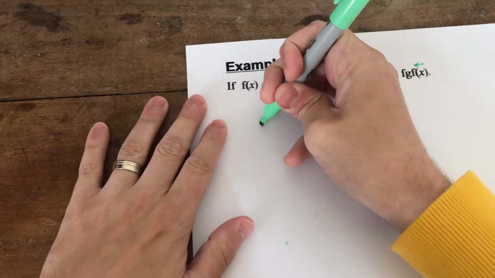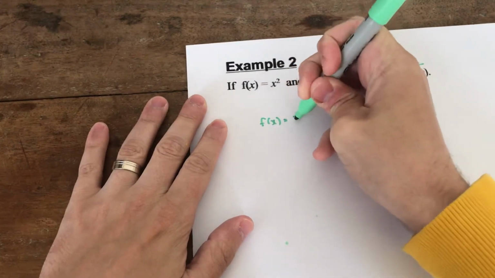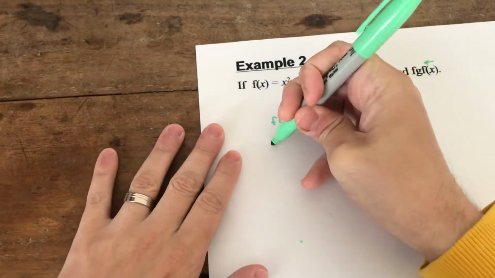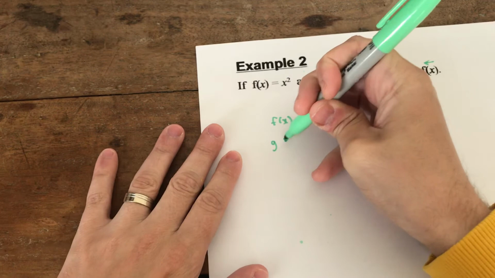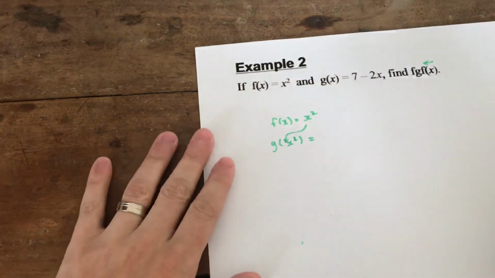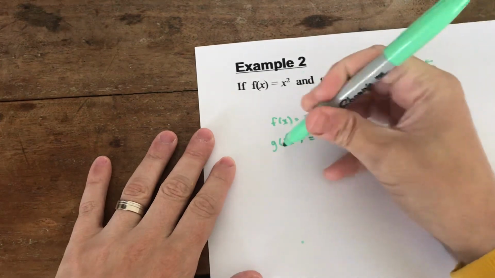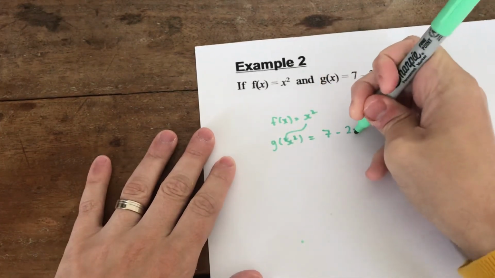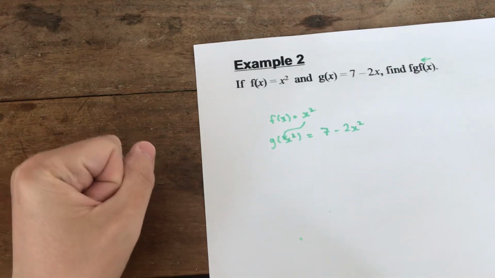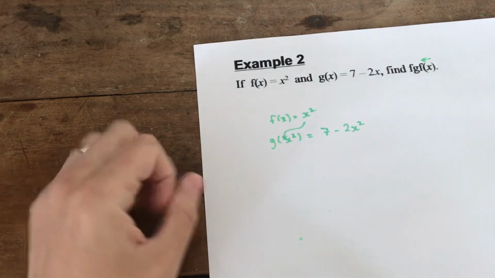We say that f of x is x squared. Now I'm going to put that value into g. What that means is, wherever there is an x, I swap it for x squared. That becomes 7 minus 2x squared.